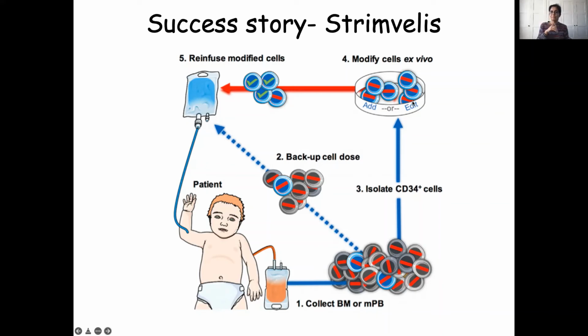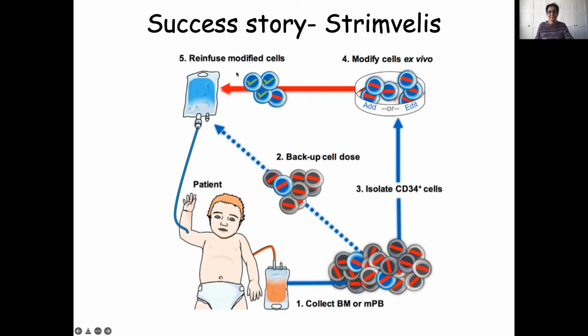You add the gene for adenosine deaminase that was missing in ADA-SCID patients. Now we have these cells which can make the right type of cells expressing adenosine deaminase, and we can reinfuse those cells into the patient.